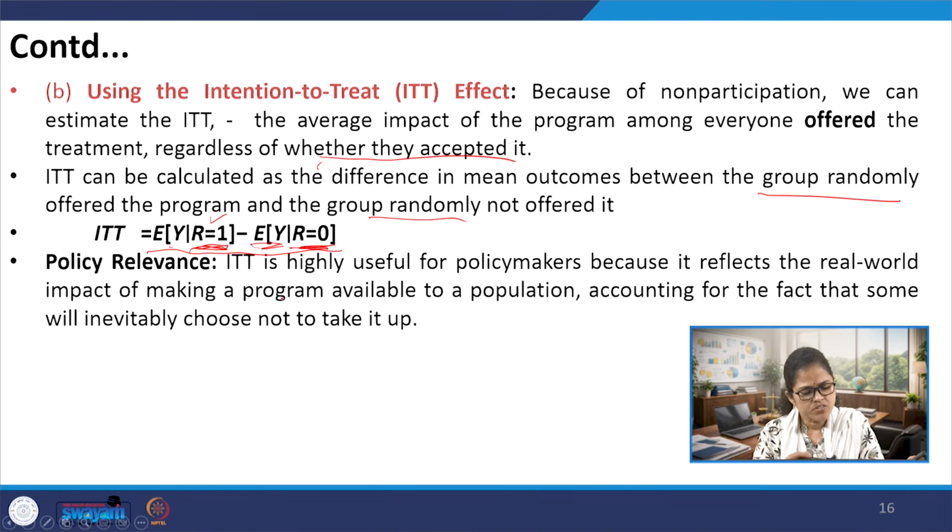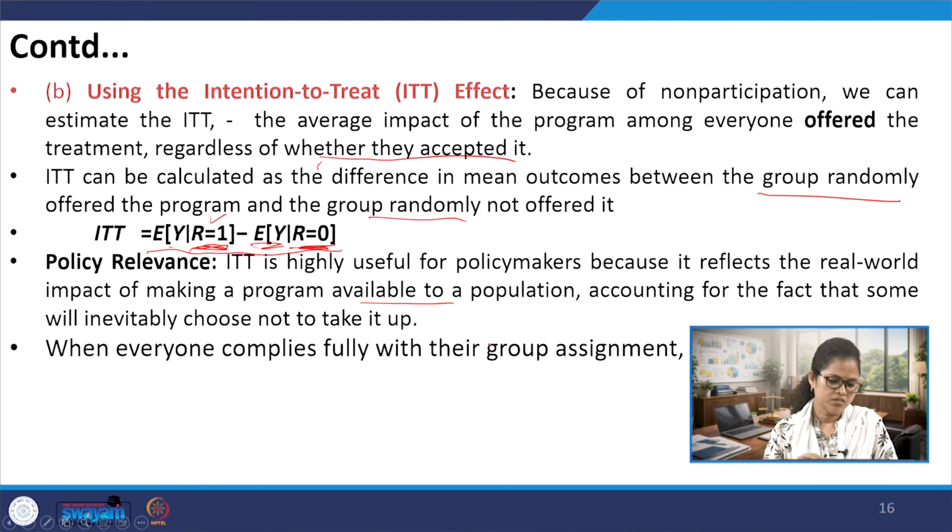So what is the relevance of this intention to treat? It is really very important because it provides the policymaker some useful information. Why? Because this ITT can reflect the real-world impact of making a program available to a particular targeted population, accounting for the fact that some will deliberately or inevitably choose not to take the intervention.